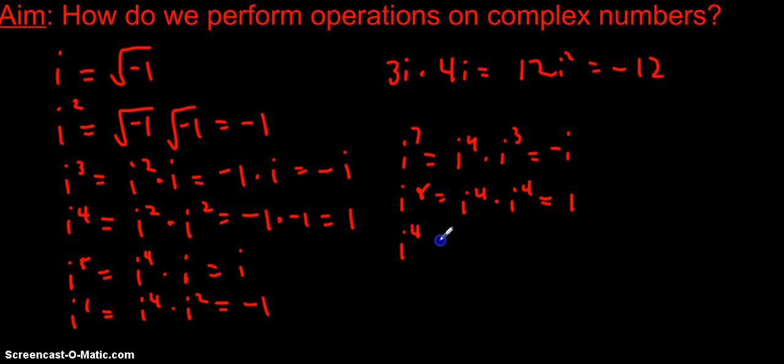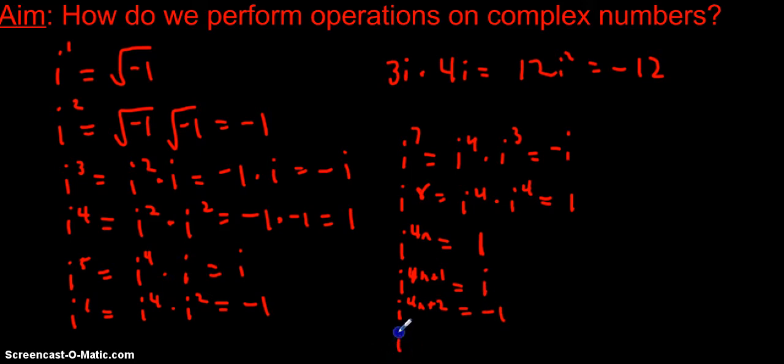So the pattern should be that if the exponent is a multiple of 4, so 4 times something, it's going to be equal to 1. If it's a multiple of 4 with an extra 1, it's going to be equal to i, like 5 and the first power. If it has 2 extras, it'll be equal to negative 1.